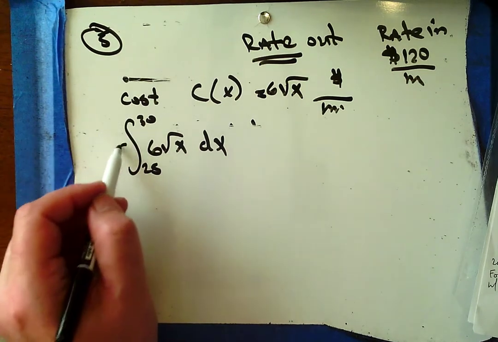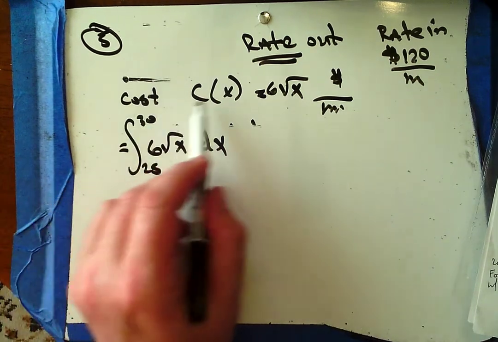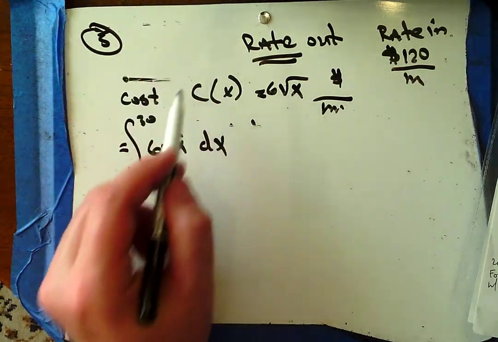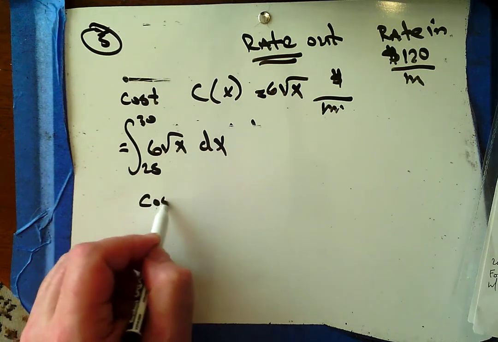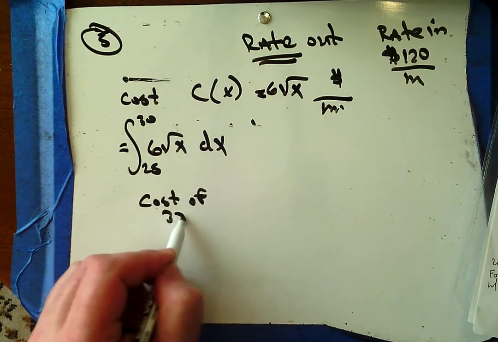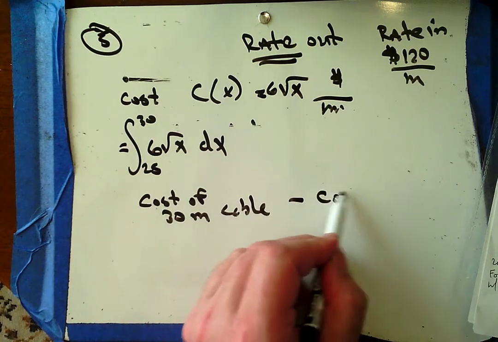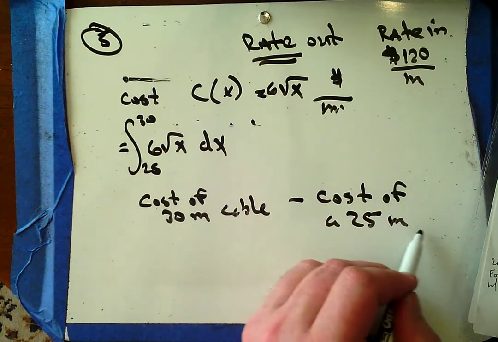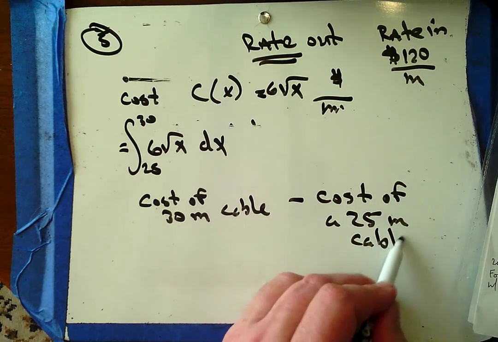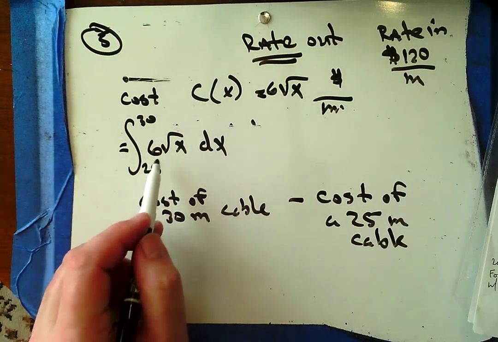And so we could say, I wish I had a thing here like big C. So I want to say the cost of a 30-meter cable minus the cost of a 25-meter cable. That's what I'm getting here when I integrate that rate.